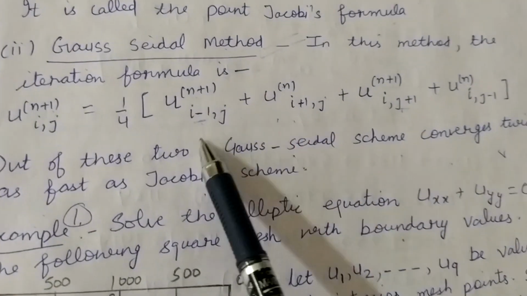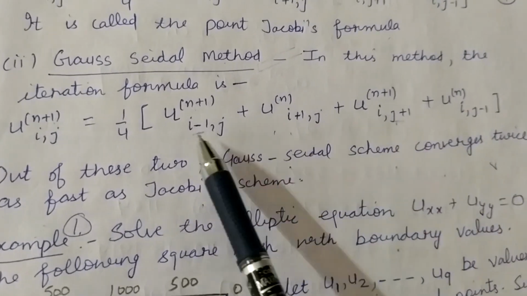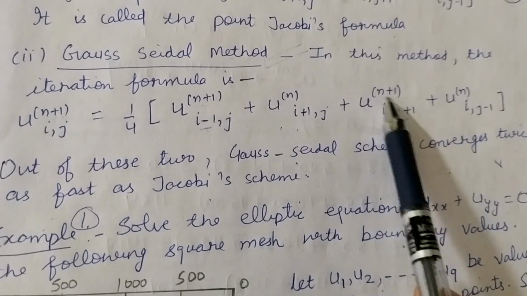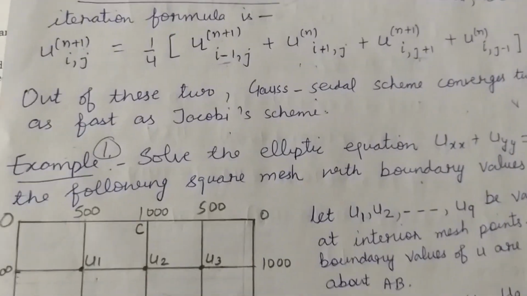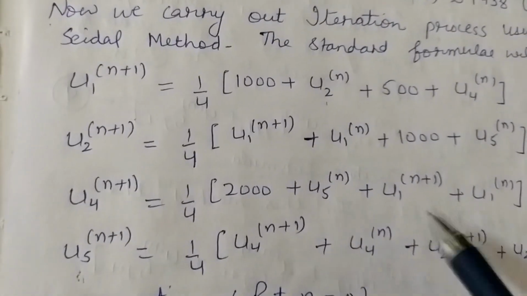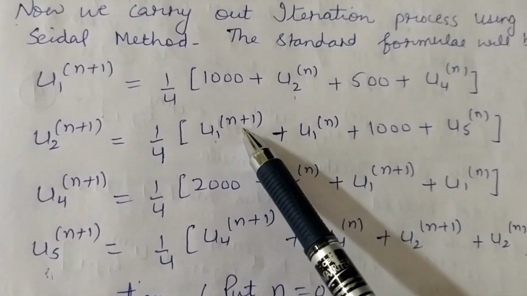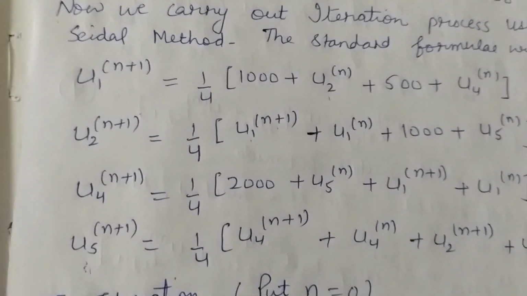I am just applying this Gauss-Seidel method. It says that the left side value and the upside value contain n plus 1 and the other two contain n. Okay. So for u2, this u1 is at the left hand side, so it has n plus 1 on it. Just wait.